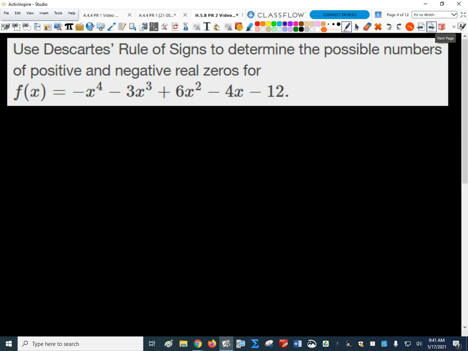How about this one? Think about this for a second. We want to determine the possible numbers of positive and negative real zeros. So what do you think?